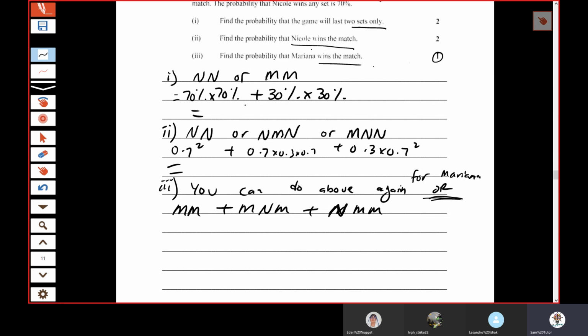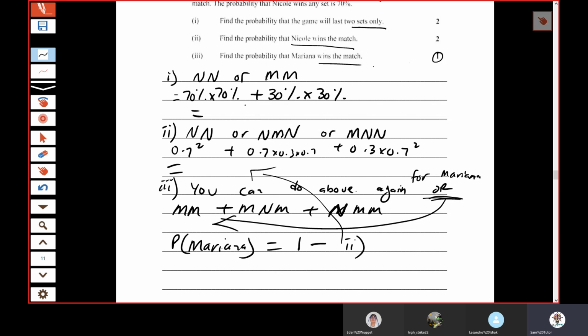Eden, if your probability of winning is 80%, what's the probability of me winning? 20%. So you could always do that. Keep your complementary events in mind. So yes, you could have done that, or you could have just said the probability of Mariana winning equals 1 minus your answer in double I, which is again simple.